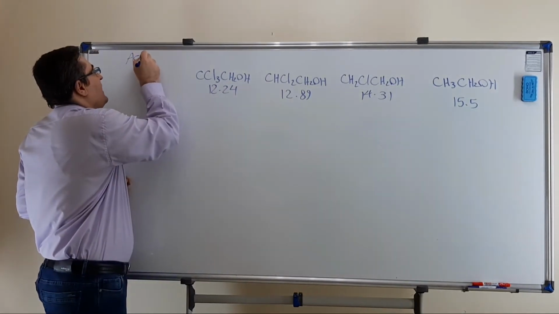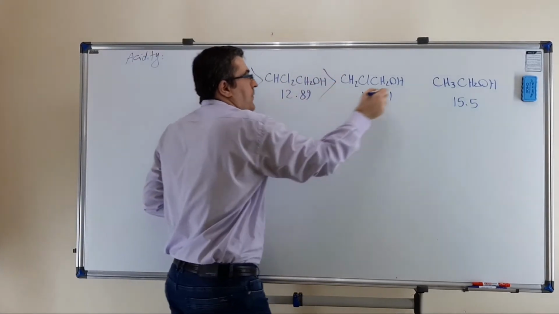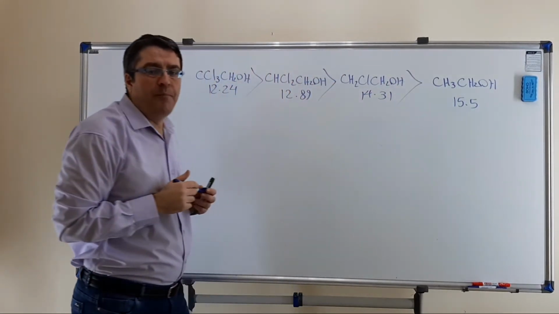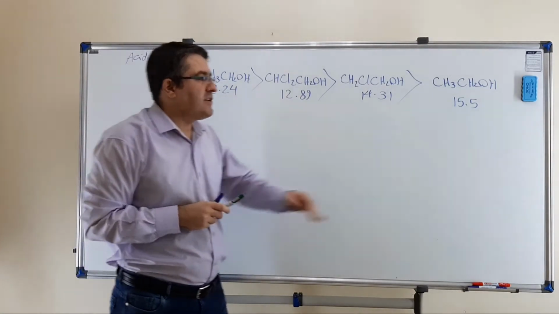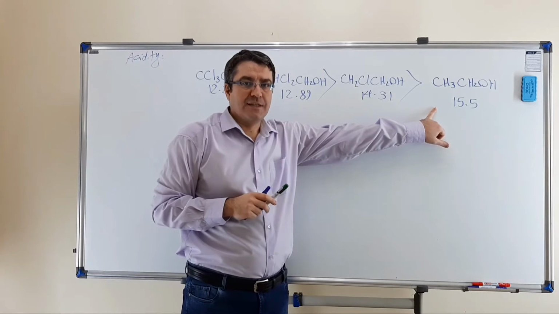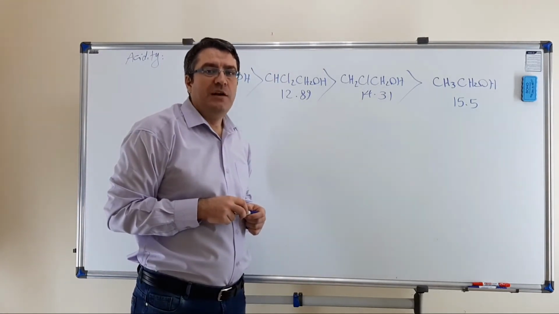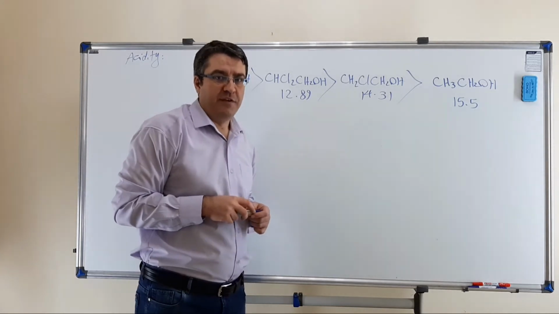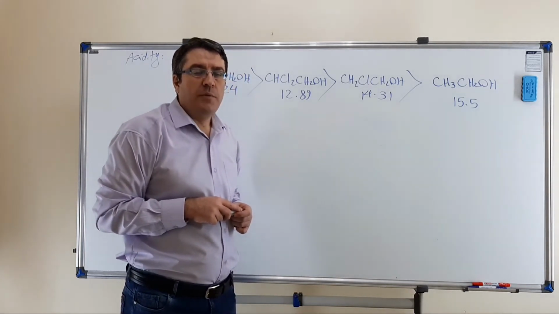We see that here acidity increases by increase of number of chlorine atoms. This can be attributed to inductive effects. Chlorine atoms are electron withdrawing groups by inductive effects. They are more electronegative than carbon or hydrogen.